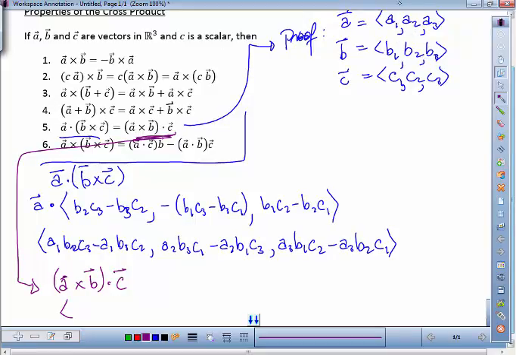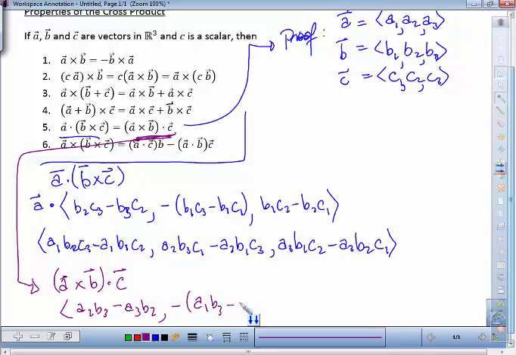I'll pretend there's an IJK up on top here, and so we have A2, B3, minus A3, B2, and then we have a negative A1, B3 minus A3, B1.